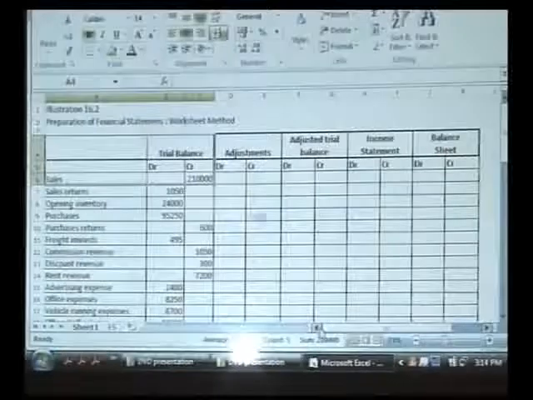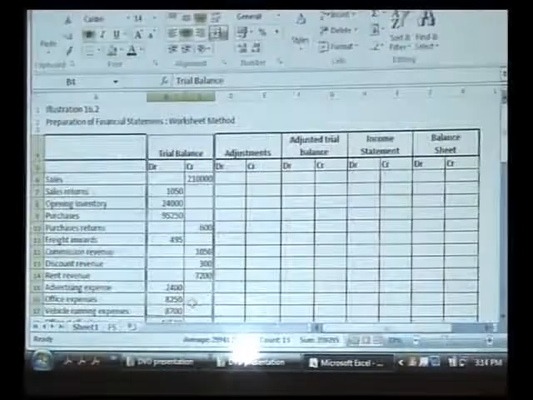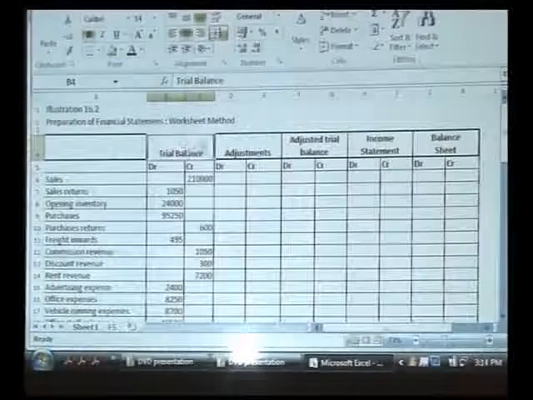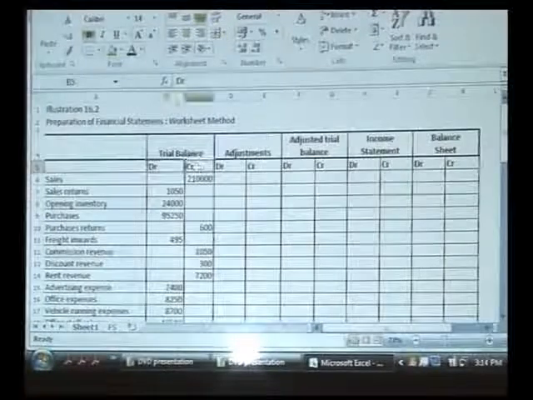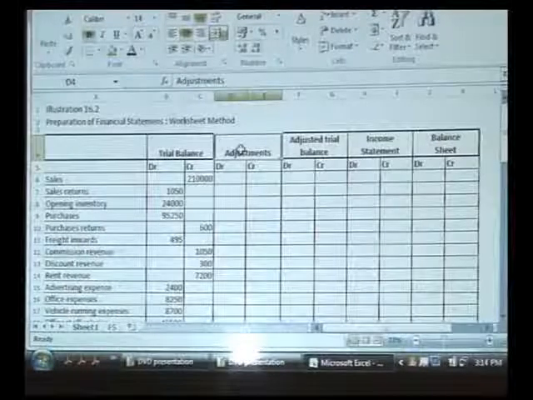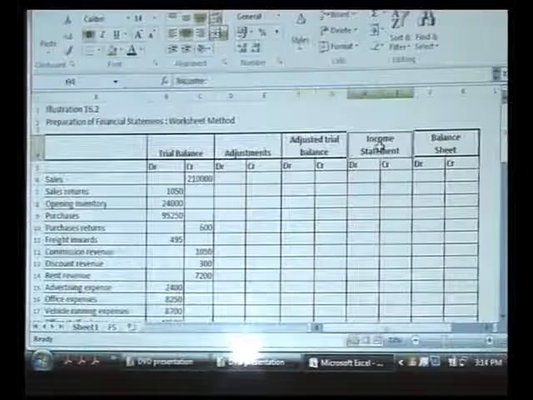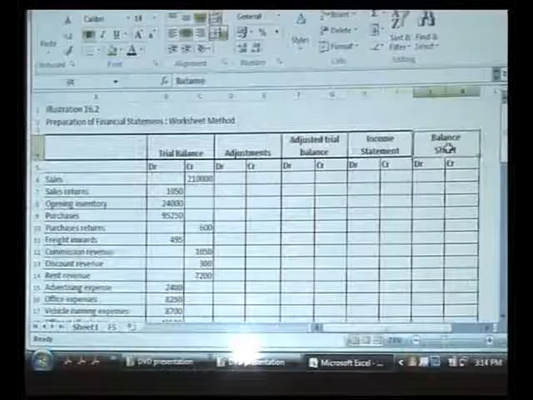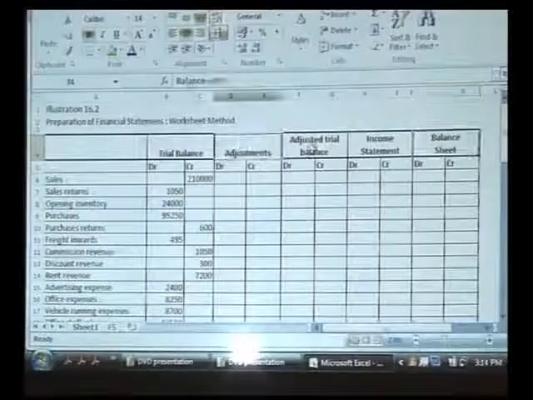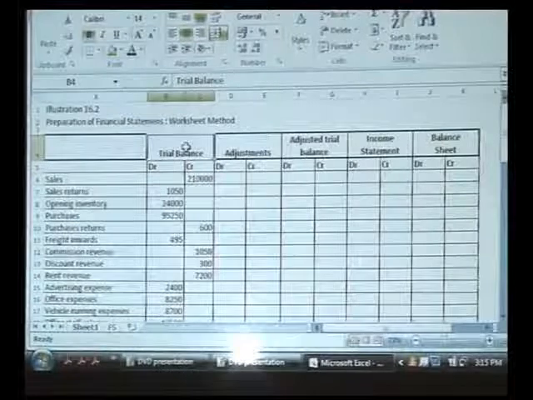As I explained earlier, you have to reproduce the original trial balance given to you in this column, debit and credit. Then create additional columns for adjustments, adjusted trial balance, income statement, and balance sheet. 1, 2, 3, 4, and the trial balance column, 5 columns.